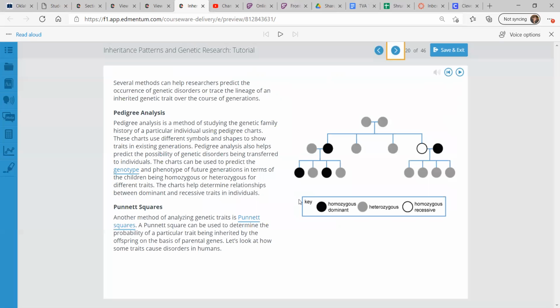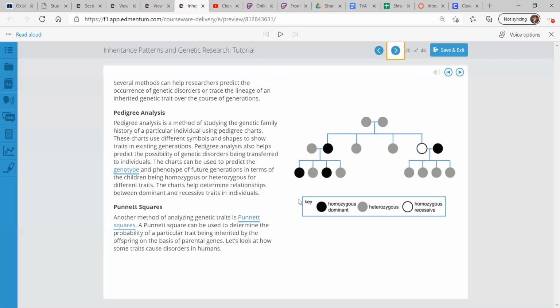And several methods can help researchers predict the occurrence of genetic disorders or trace the lineage of an inherited genetic trait over the course of generations. We have pedigree analysis. That is a method of studying the genetic family history of a particular individual using pedigree charts. And these charts use different symbols and shapes to show traits in existing generations.